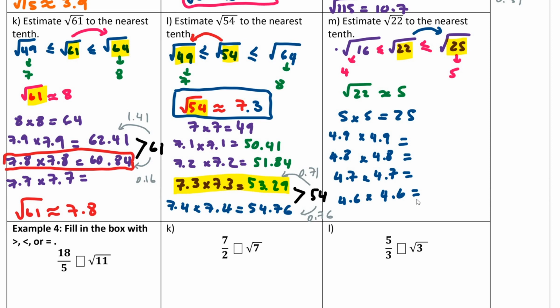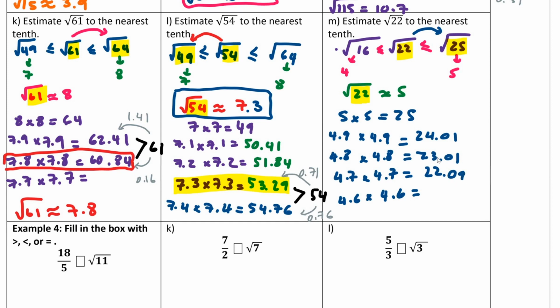.9 times 4.9, 24.01. 4.8 times 4.8, 23.01. We try to get 22. So 4.7 times 4.7 is 22.09.